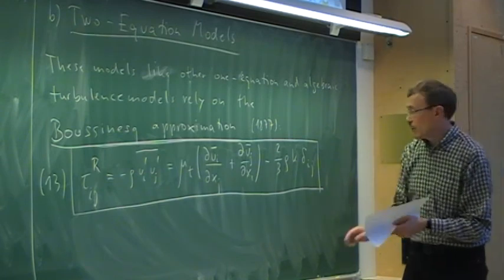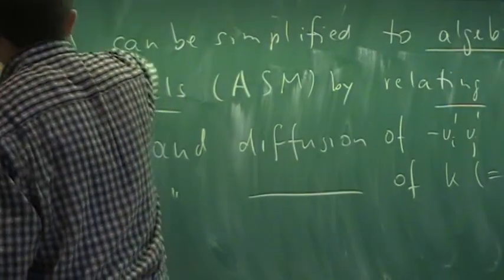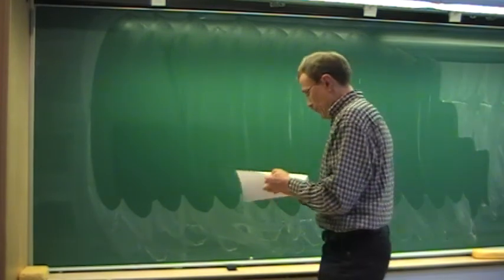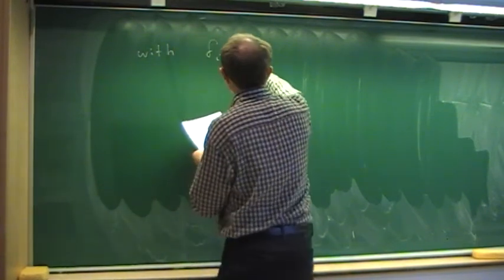And let me just give you the abbreviations here. The delta ij is the Kronecker delta.